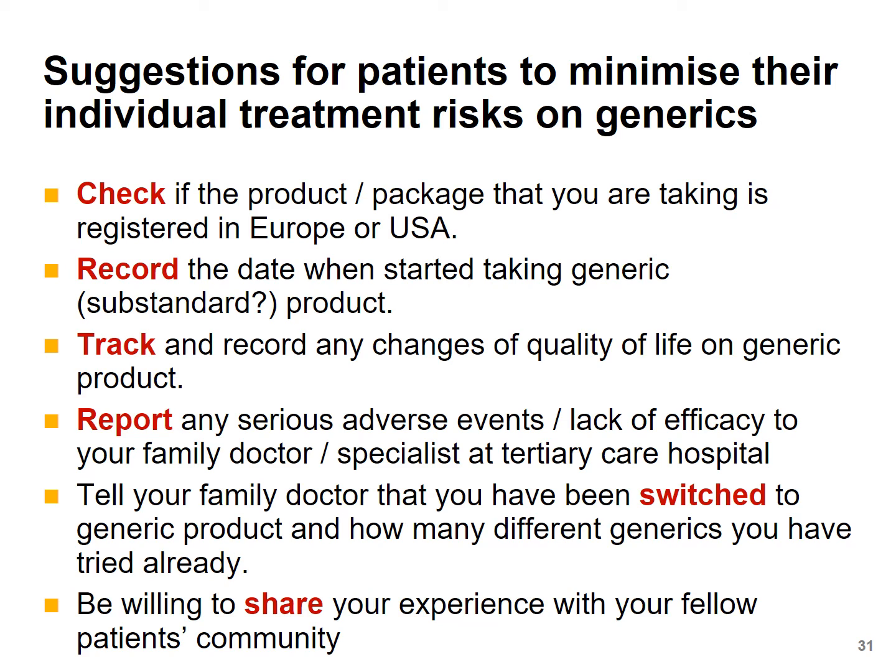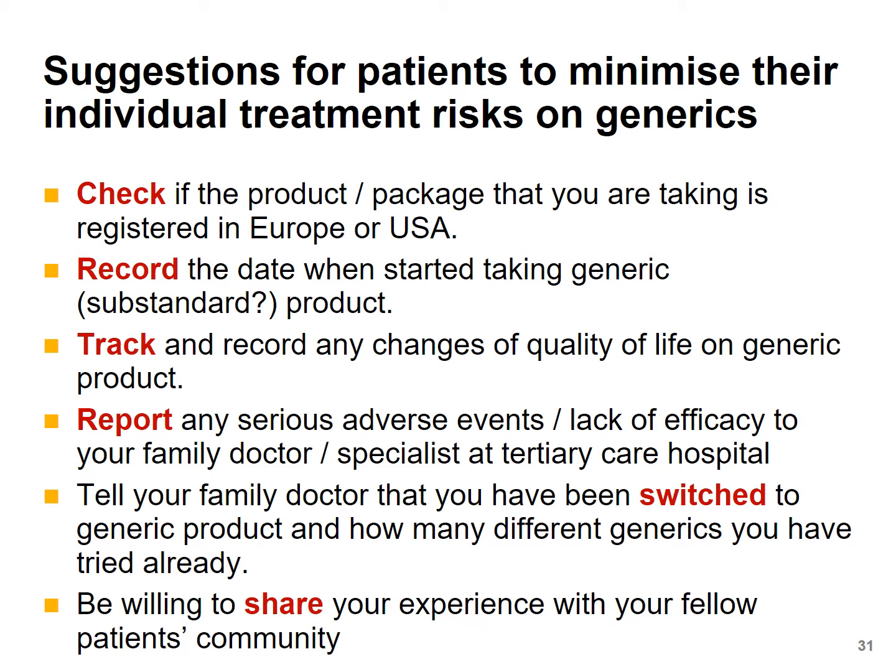It might be helpful also to track whether there has been any issue with the switch to a generic, and to write down the date when they started to take a generic or substandard product. Also keep some kind of track record of any changes of quality of life on a generic product.